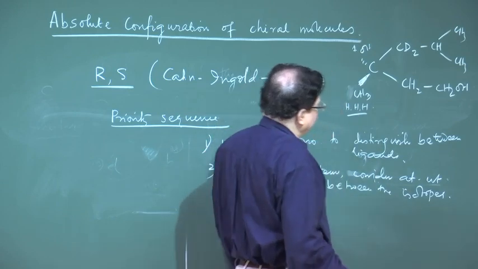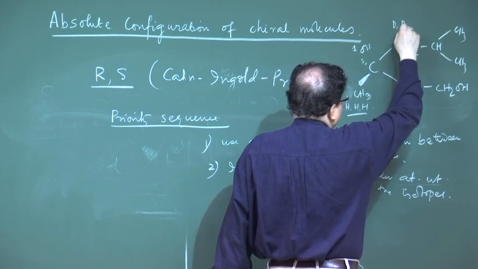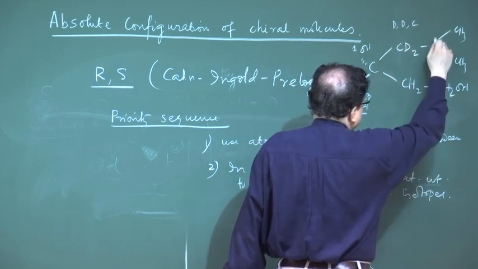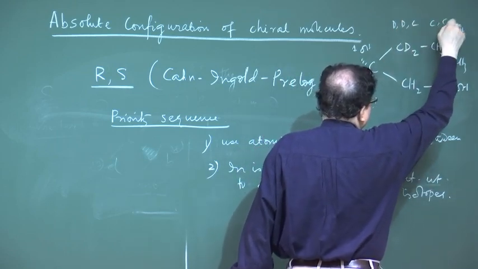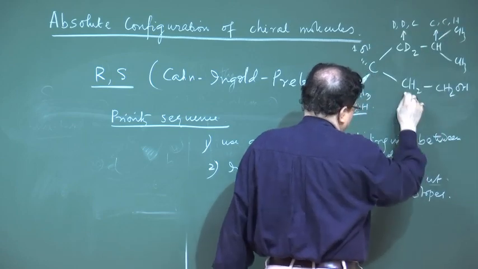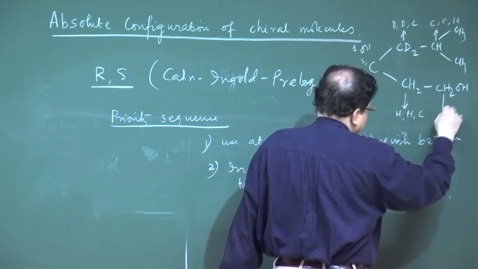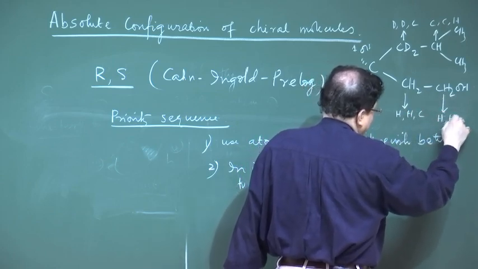So, we write this. In case of this carbon, there is deuterium, deuterium and carbon. For this carbon, there is a carbon, there is a carbon, there is a hydrogen. For this carbon, there is hydrogen, hydrogen, carbon. For this carbon, there is hydrogen, hydrogen, oxygen.